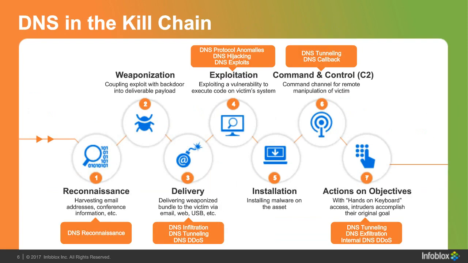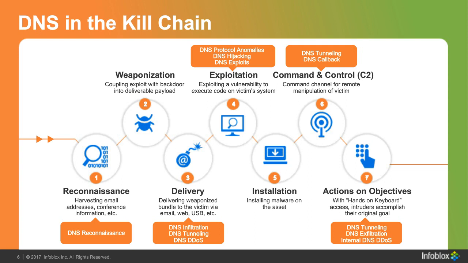In terms of the kill chain, for those of you who are familiar, a cyber kill chain is a process that's laid out to describe the various stages of an attack. These stages include reconnaissance, which is just scoping out the network, trying to see where the vulnerabilities are, and trying to understand where the attackers can start attacking, right?